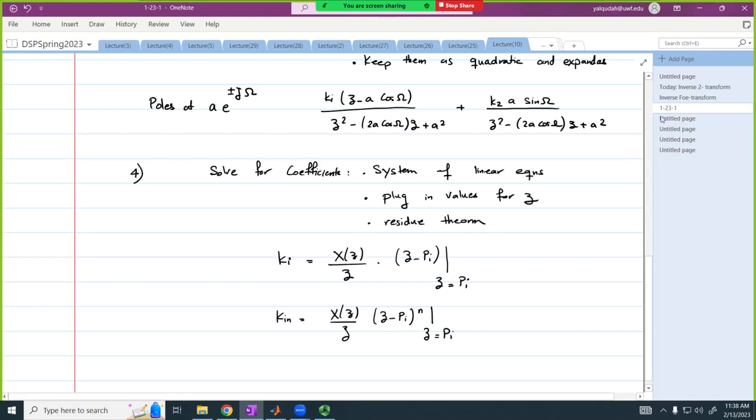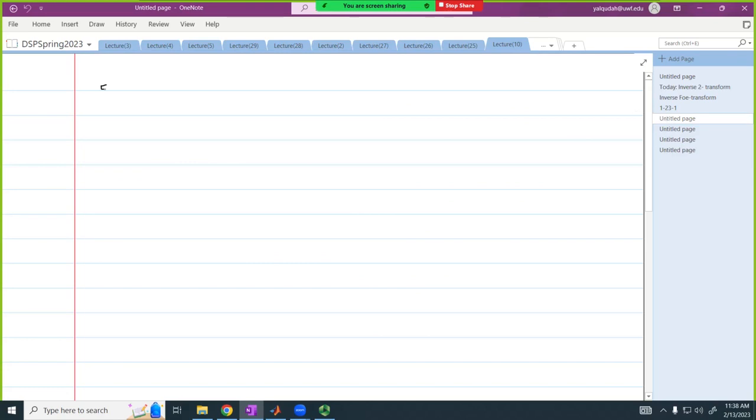So this is 4. The next step, number 5, we multiply by z to get back X of z, and we take the inverse.